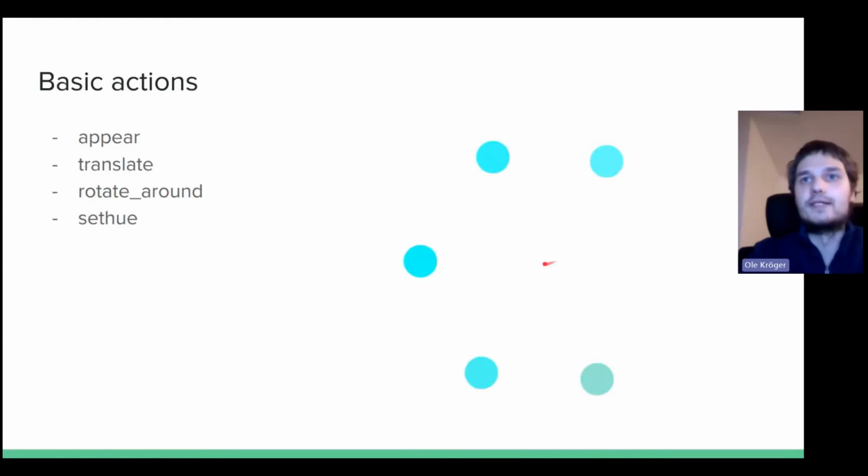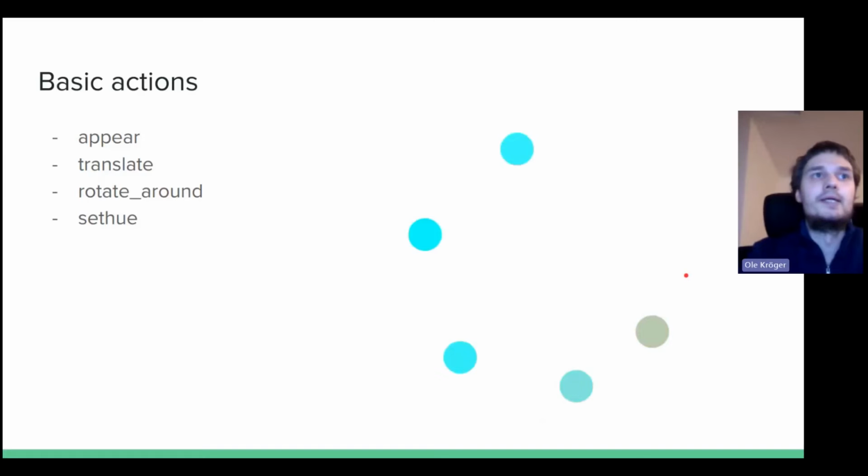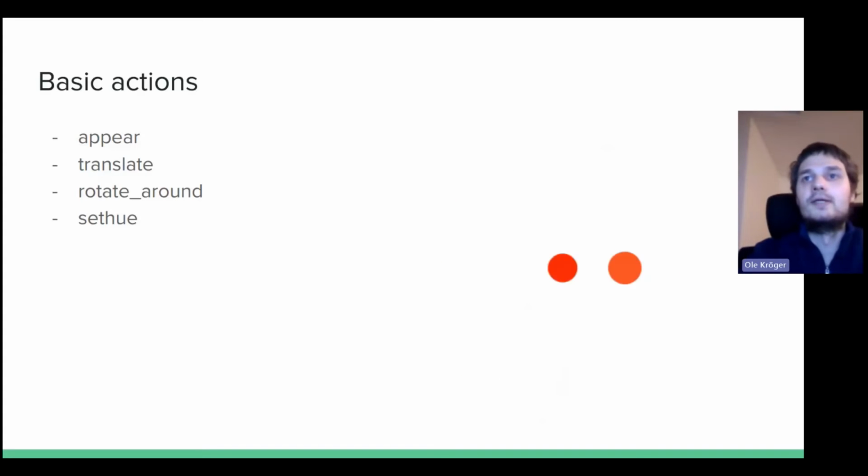Then we have translate, so we move from the center outwards and then rotate around the origin, and in the whole animation we change the color of these little circles from red to cyan and white in the end. So that's like the out fading animation, actually changing them to white.